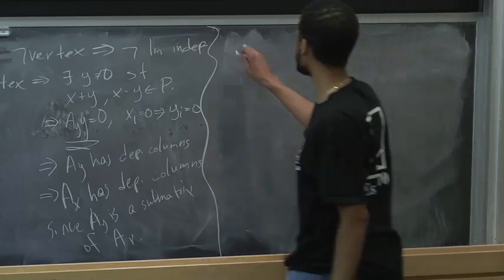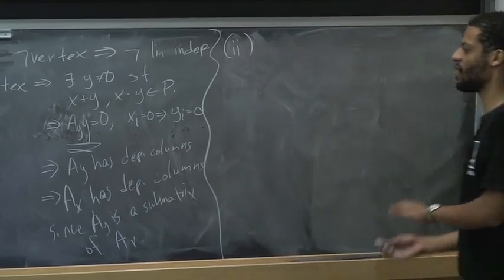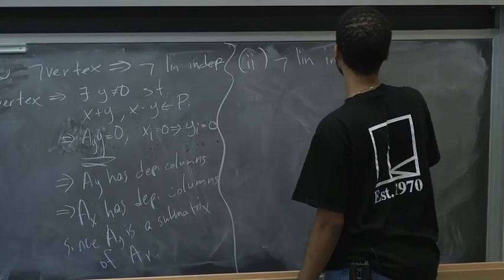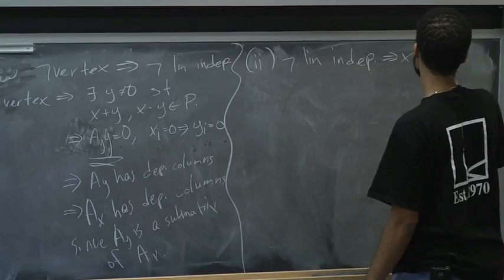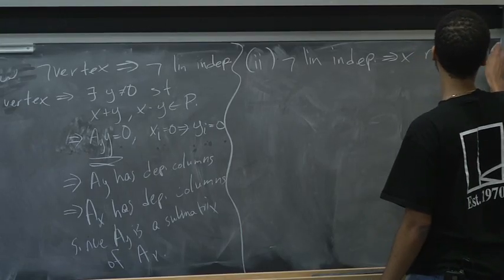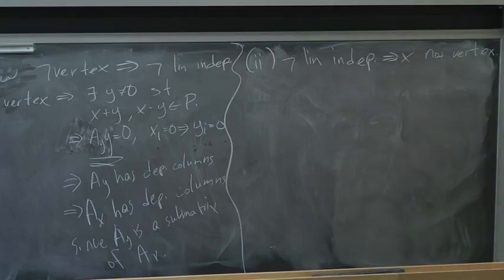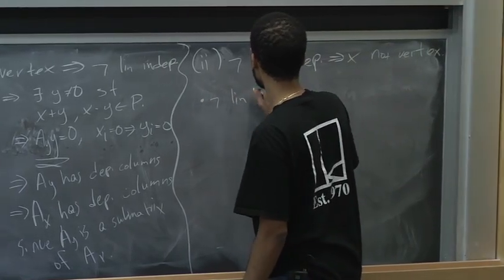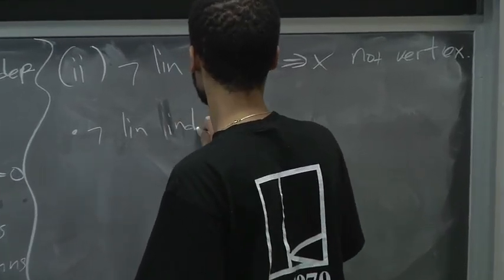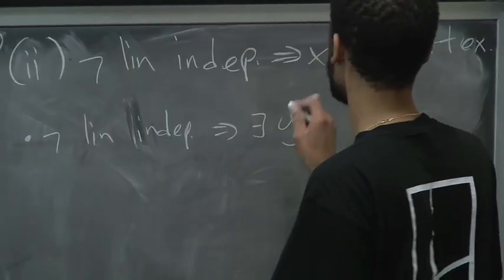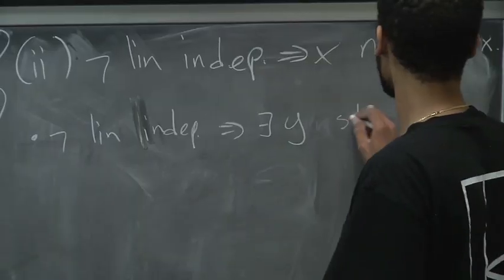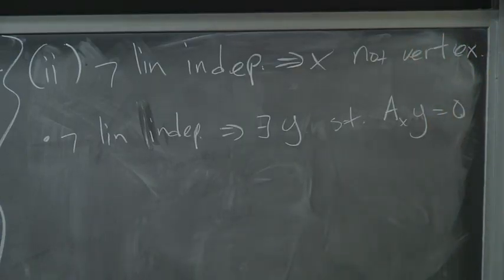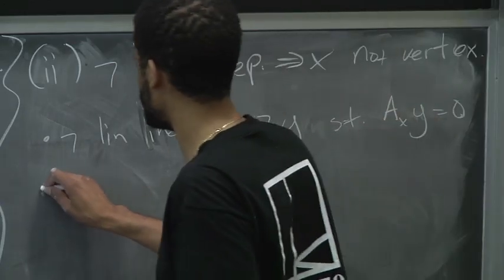Okay, so part 2 is we want to show the contrapositive in the other direction, which is that not linearly independent implies x is not a vertex. So not linearly independent implies that there exists a y such that A sub x y is equal to 0. Right? Now what can we do? We can extend.